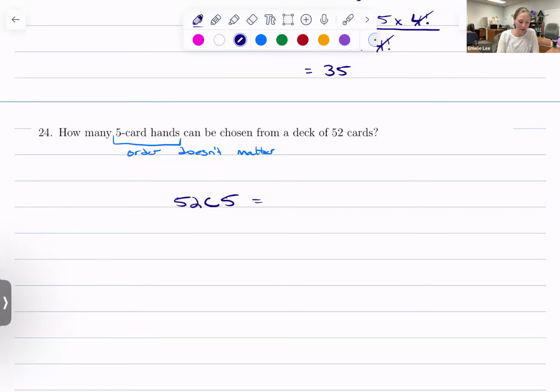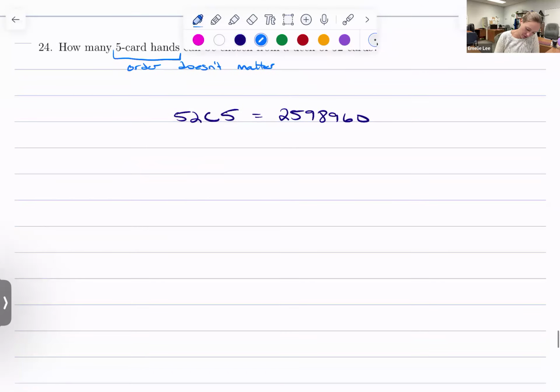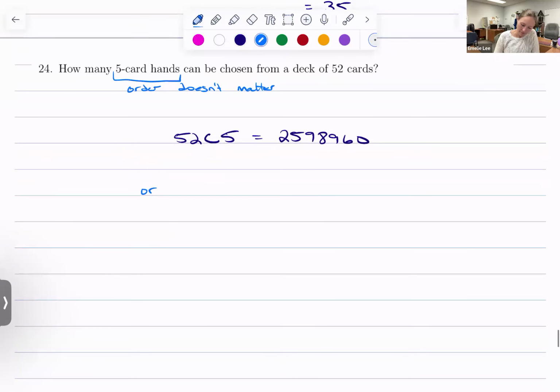which from your calculator, 52 choose 5 is 2598960. Or if you prefer to, all right, this is correct. This is all I'm looking for. Because you can use your calculator.